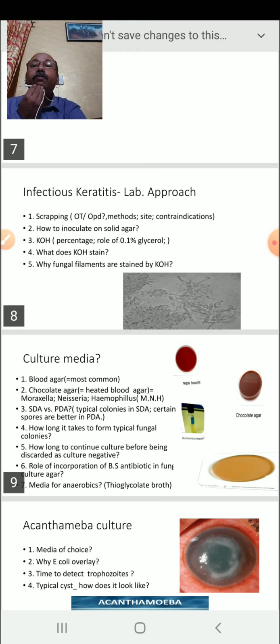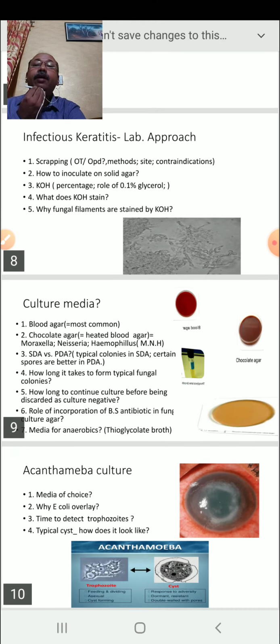The role of the glycerol is that it acts as a mordant or fixative. Now what does the KOH stain? It usually stains the bacteria, the fungus, as well as the Acanthamoeba cysts. Now why are the fungal elements or fungal filaments stained by the KOH? This is due to the chitin content in their walls.